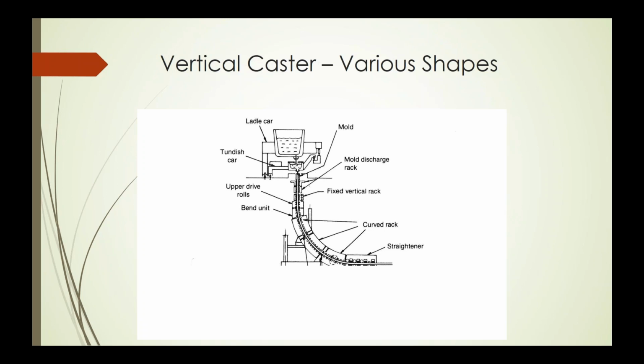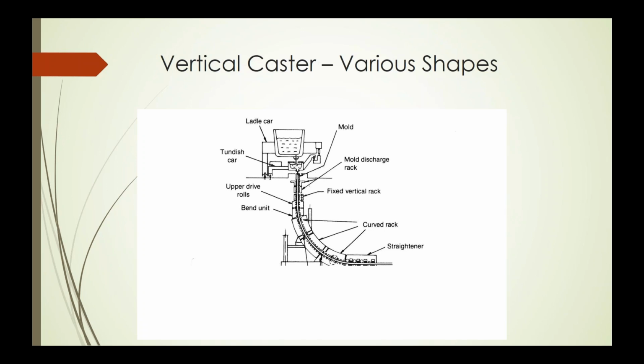And if, as in the previous illustration, you can come down vertically for relatively short pieces if you have a lot of headspace in your facility, or you can bend it, such as you're seeing here when the material is still hot, to a horizontal plane.